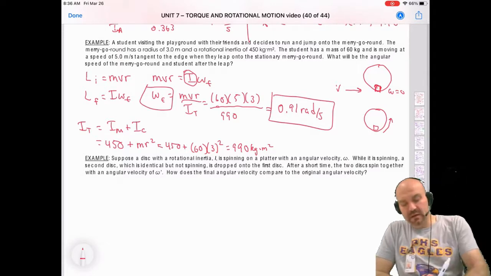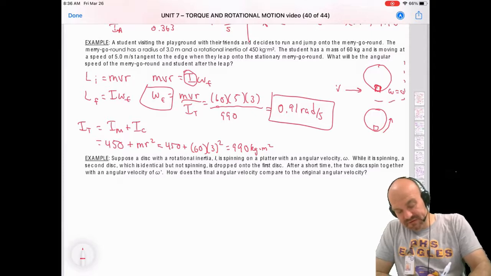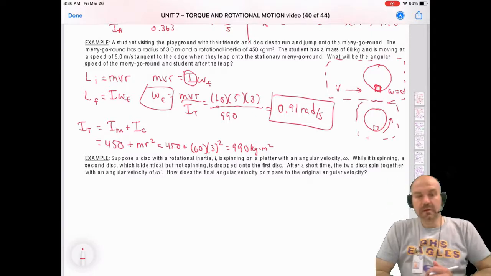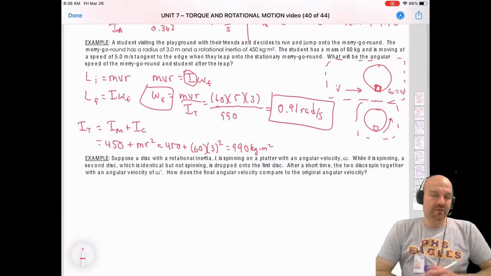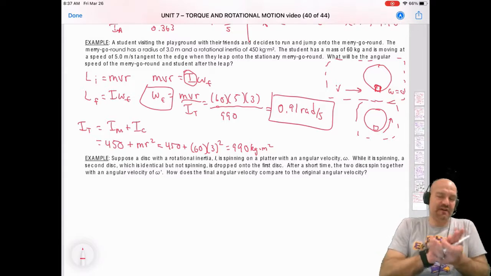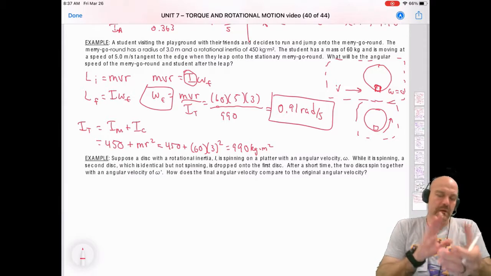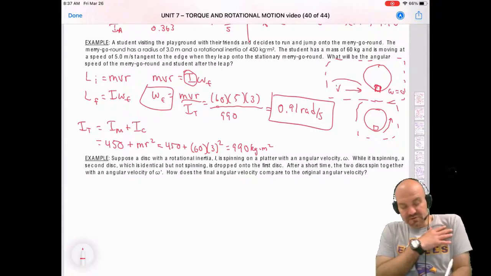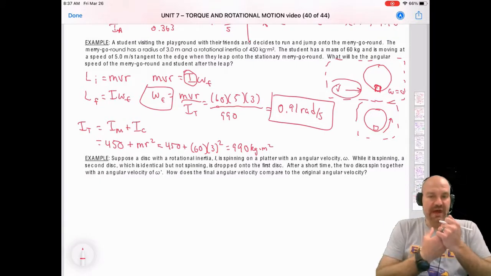So again, the way you think about it, the child merry-go-round system, okay? Before that child actually hits the merry-go-round, the only rotational aspect is what that child is bringing. So it's going to be MVR.